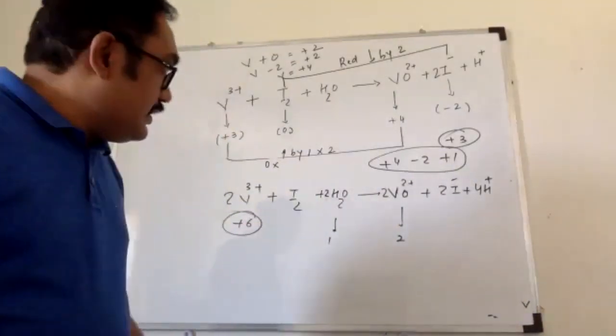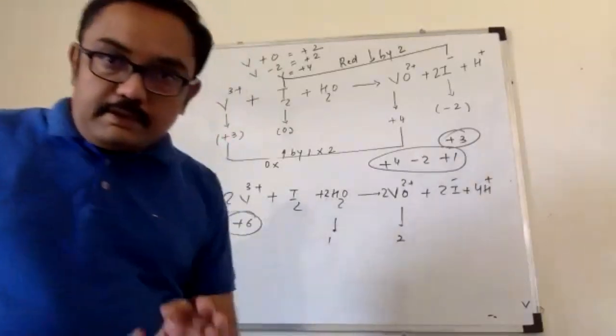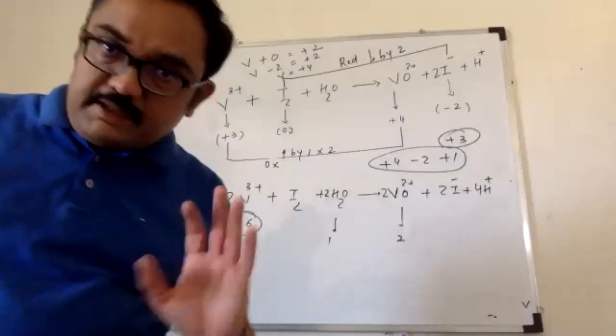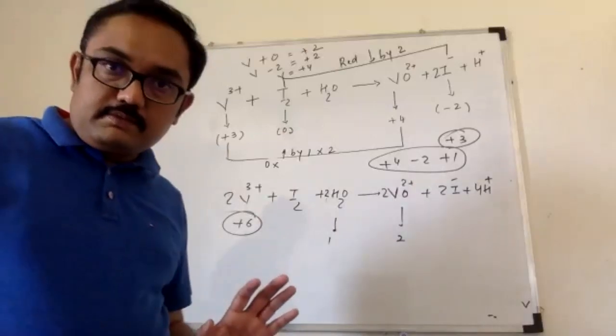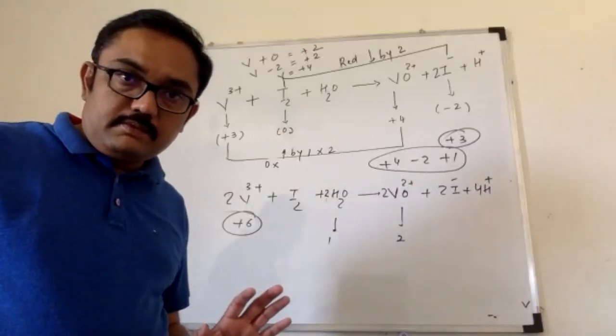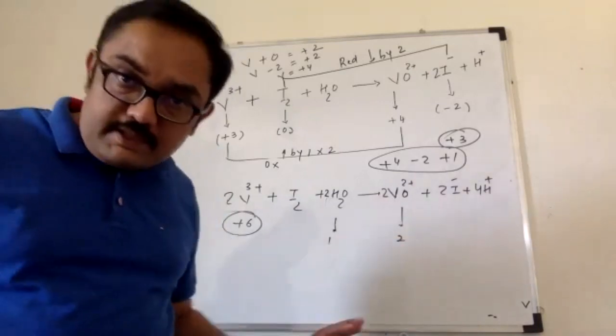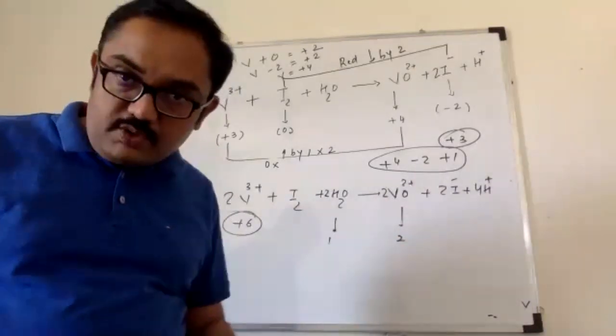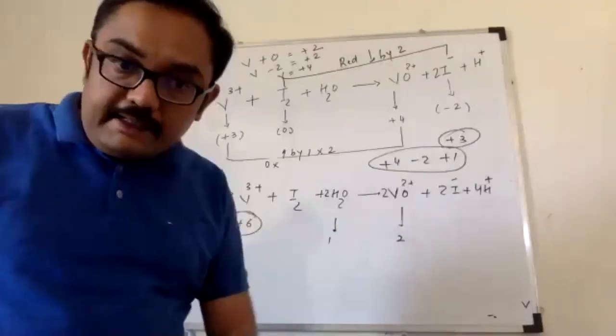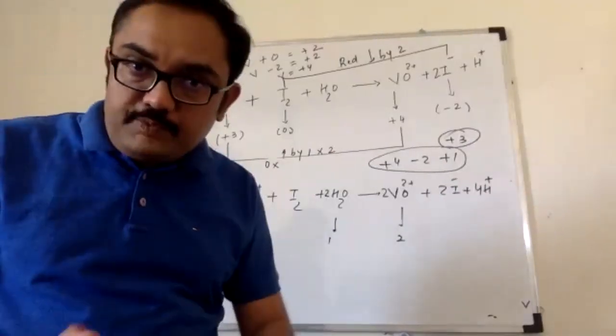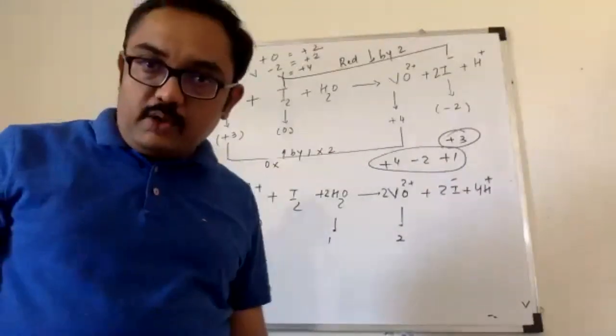After doing this, our confirmation step, check the hydrogen. 4 on both the sides. It's correct. So hydrogen are balanced. Understood? That is confirmation that all the steps we have applied correctly without mistake.